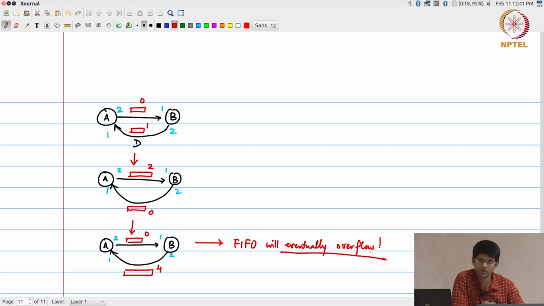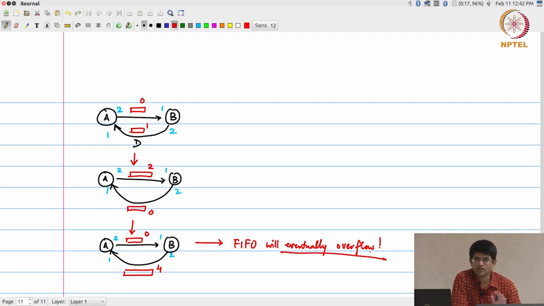Even if I say, okay, I'm not going to execute both the B's at one time, it doesn't matter, there's still one token sitting on the A to B edge. If I carry this on for a little while, eventually I will definitely hit a point where both those FIFOs are growing without bound. So I will never be able to keep this under control.